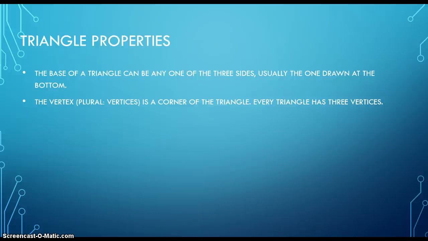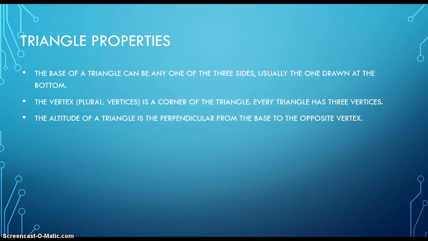And this would be true in conjunction with a four-sided figure, a five-sided figure. Each corner would represent a vertex, and a rectangle would have four vertices, a pentagon would have five vertices, and so on and so forth. The altitude of a triangle is perpendicular from the base to the opposite vertex.